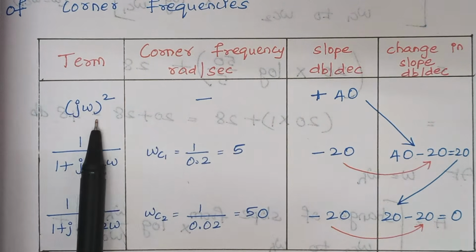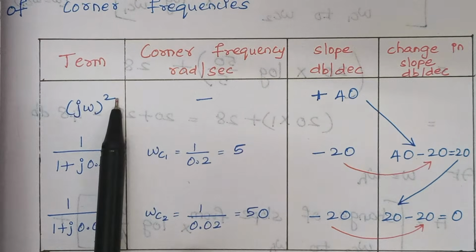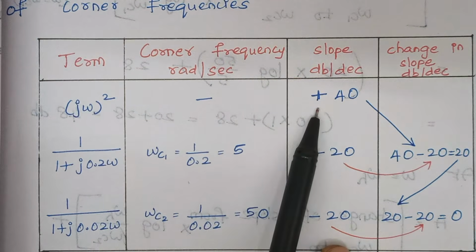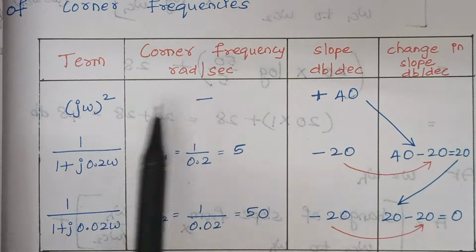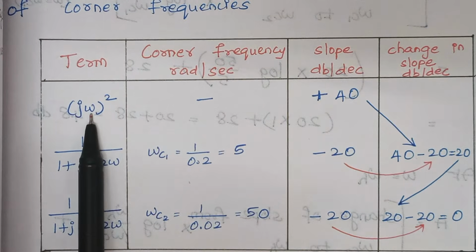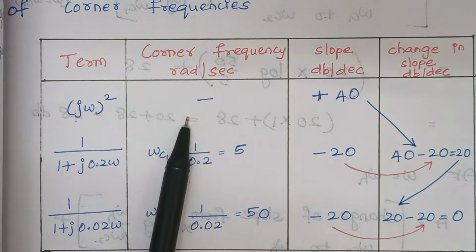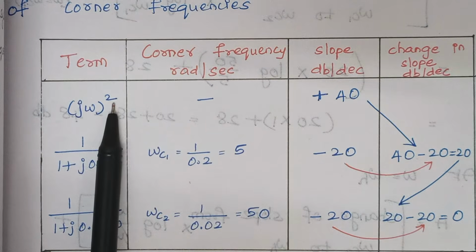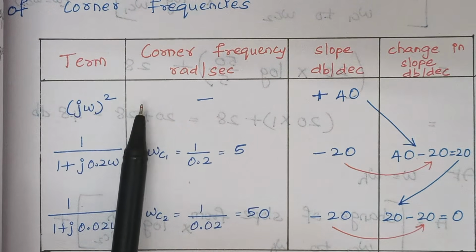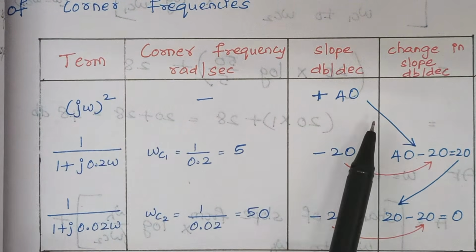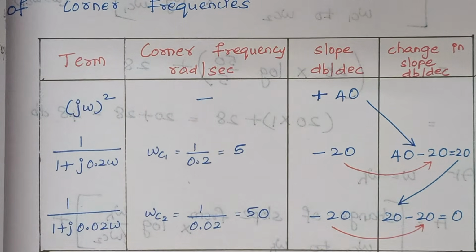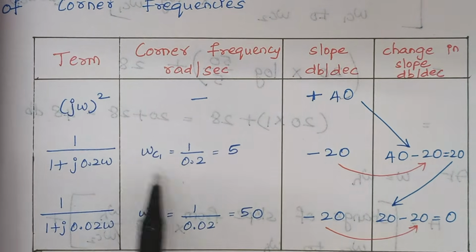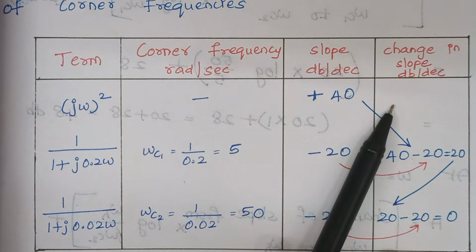Since this j omega square occupies the numerator part, I am including a plus sign, right? So a single omega constitutes a slope of plus 20 decibel. But what about omega square? Omega into omega will contribute 20 plus 20, that is plus 40 decibel per decade. Right, this is your first step.